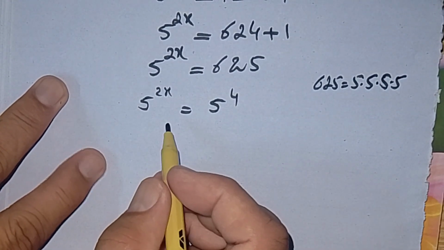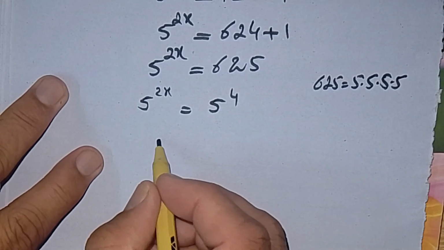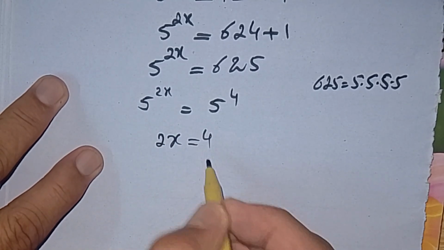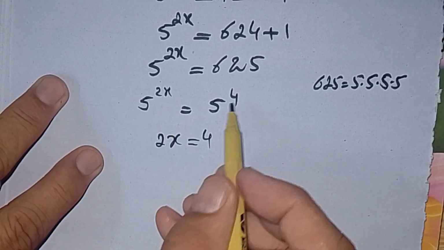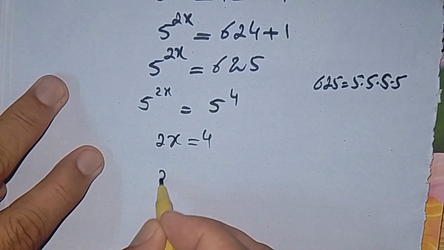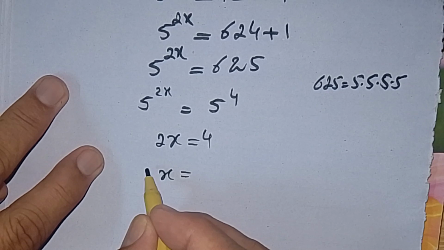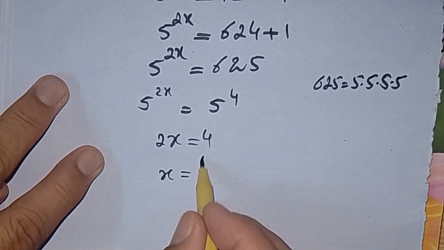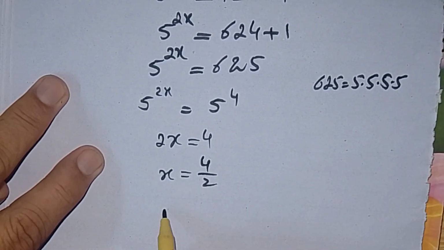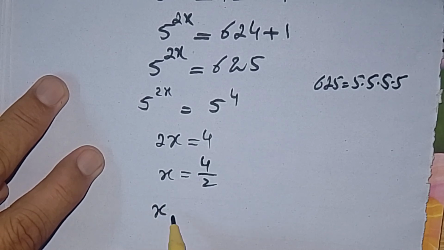When bases are equal, then the powers become equal. Then 2x is equal to 4. Bases are same, then their powers are equal. x is equal to 4 by 2. x is equal to 2.